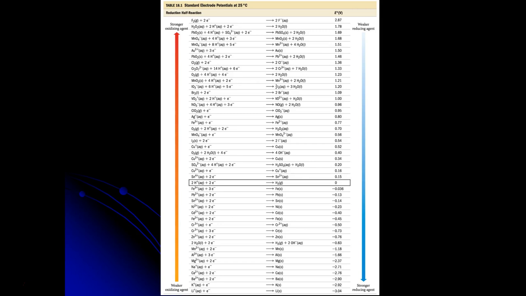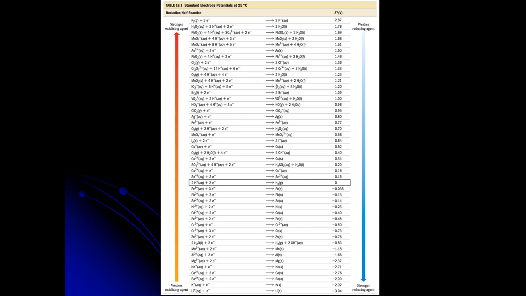It's got a negative E value, reduction potential. Well, it has a negative reduction potential of 0.76 because it really doesn't want to take electrons. It wants to give electrons away. That's why this value is negative. It doesn't want to be reduced. It actually wants to go in the reverse and be oxidized.